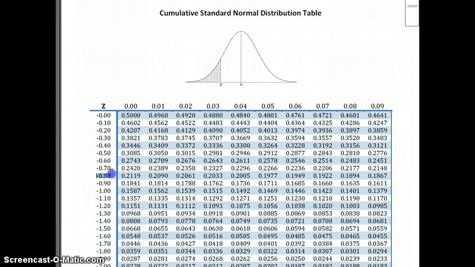Now to go to the hundredth, to the 0.05, I just follow my finger along until I get into the column of 0.05. Think about adding this value on to the value that you see here, and that together gives you negative 0.85. The corresponding area would be 0.1977, or roughly 19.77%.